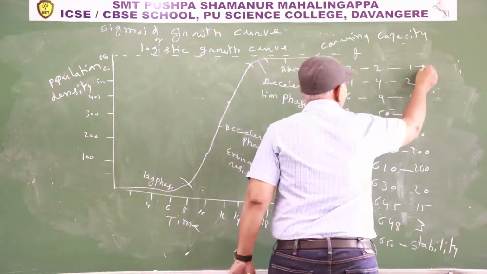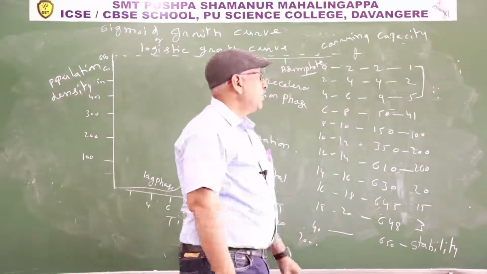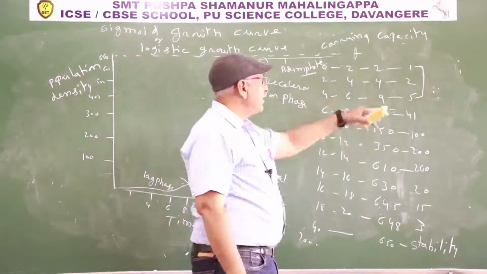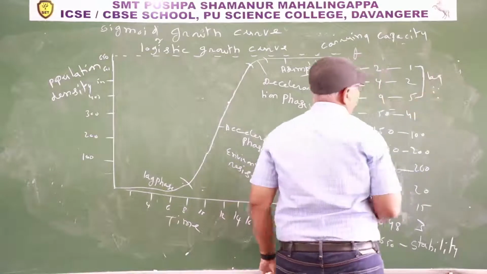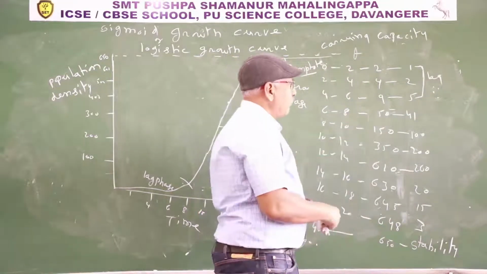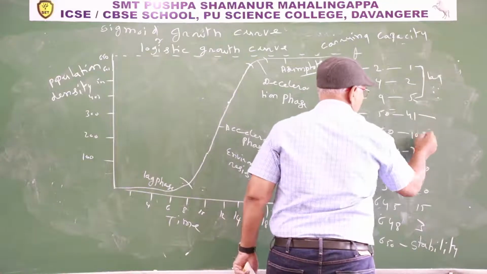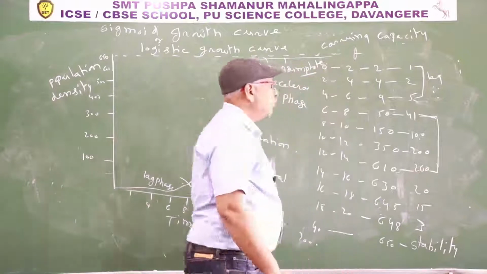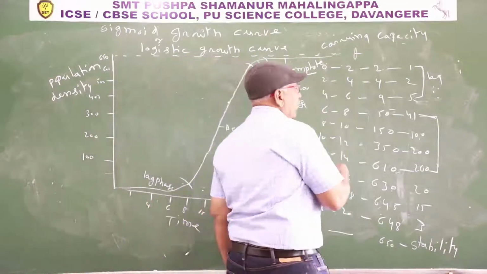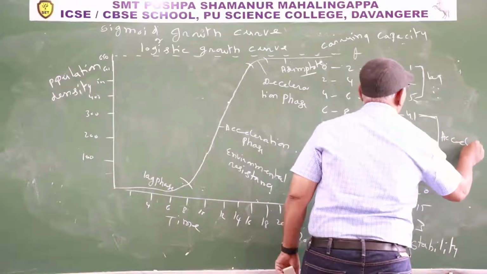So the growth rate, the number of new individuals added to the initial population density, is slow. That is why it is known as the lag phase. Observe, 5 becomes 41, 41 becomes 100, 100 becomes 200, 200 becomes 260. That is the acceleration phase.